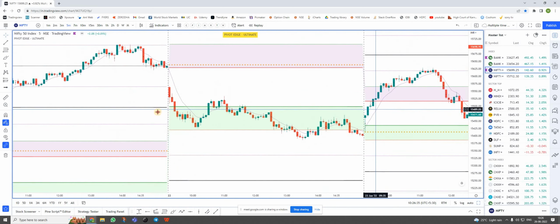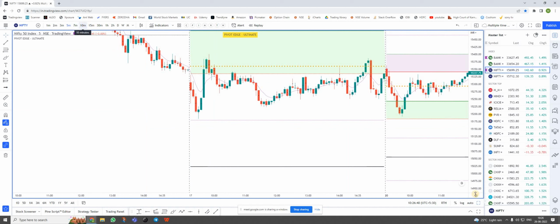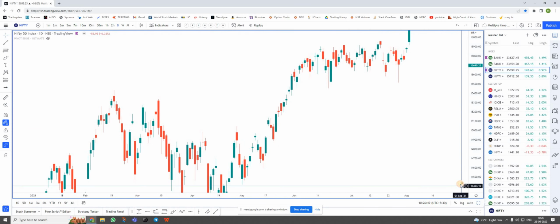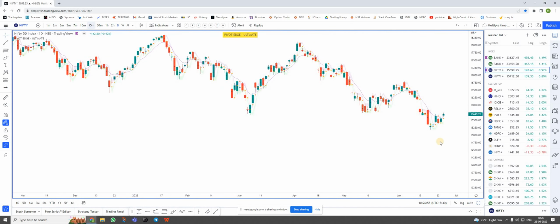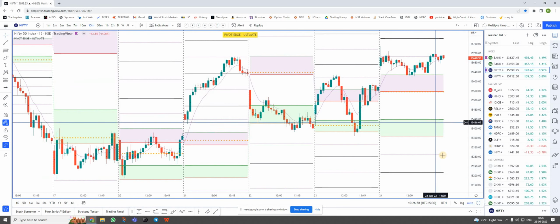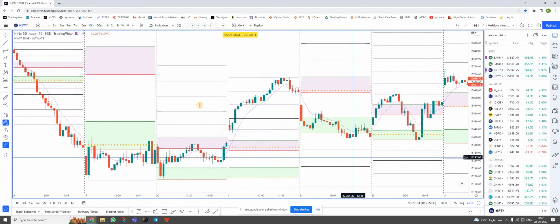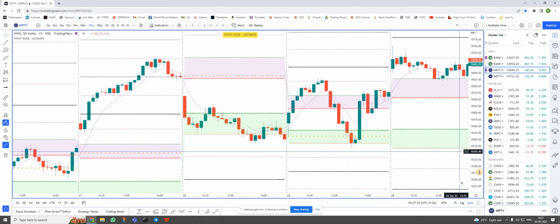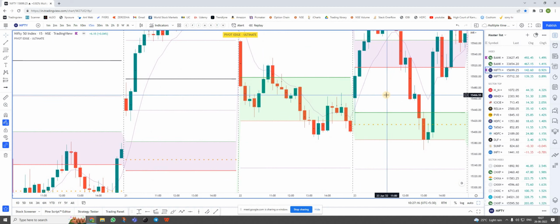Let me try to find some good example. Okay, so what we observe is for explosive candles.